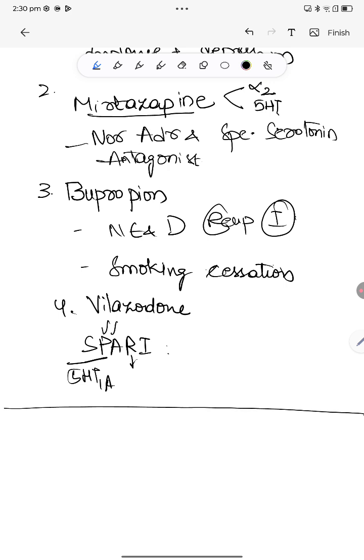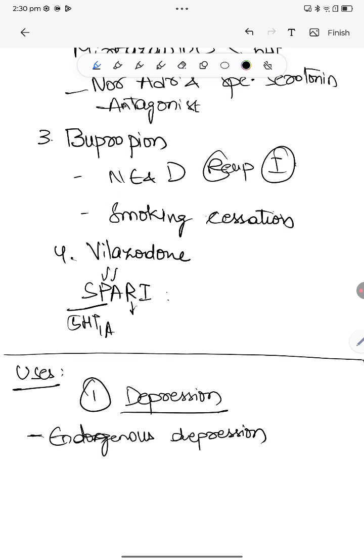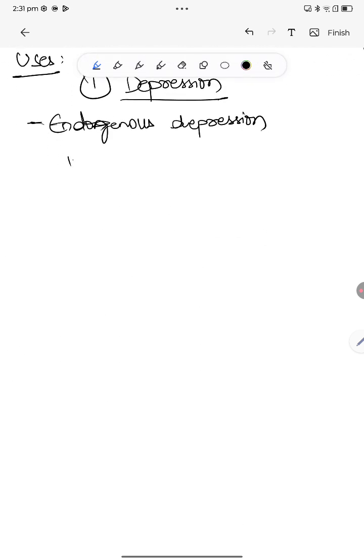Now we will talk about uses of antidepressants. Obviously, the most important use is depression. For any endogenous depression, we have to treat them with antidepressants. SSRIs are considered first line drugs. In a case of resistant depression, SNRIs are used.